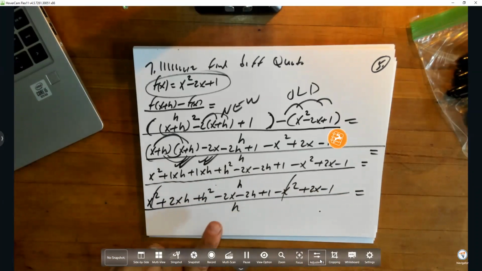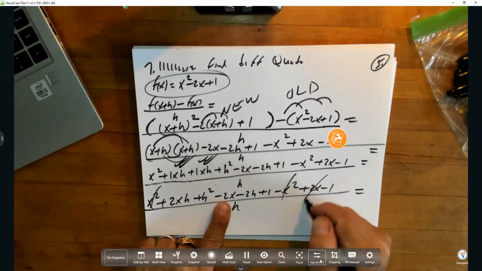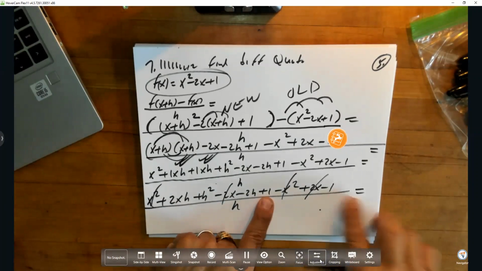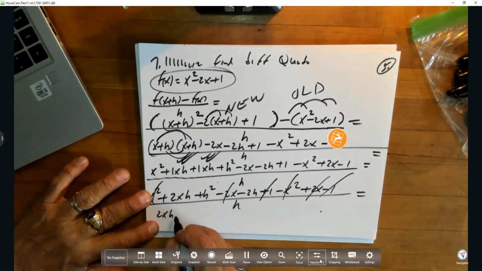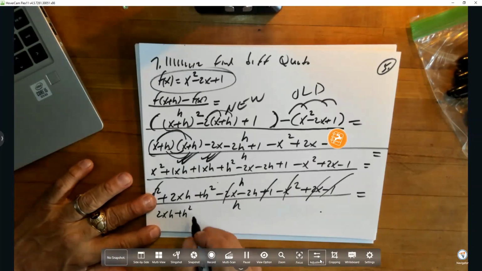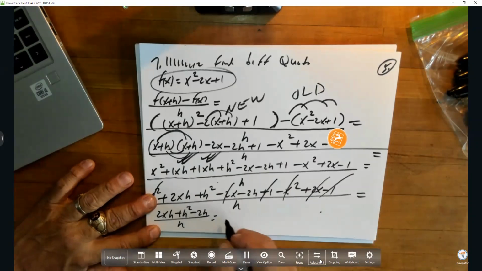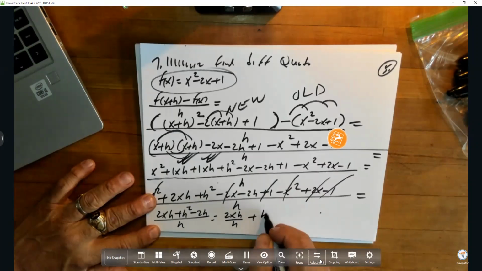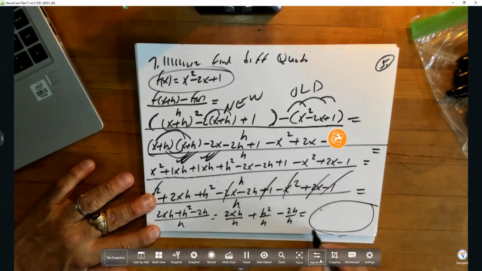What about negative 2x and plus 2x? Yes. What about positive 1 and negative 1? Yes. So we have 2xh plus h squared minus 2h over h left over. Break it up into 3 fractions.